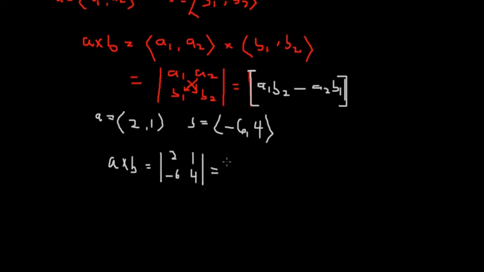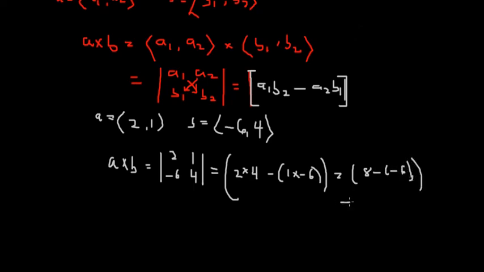When you do the simple calculation, you have 2 times 4 minus 1 times -6. Simplifying further, you get 8 minus -6, and you end up with a final answer of 14. This is a 2 by 2 determinant.